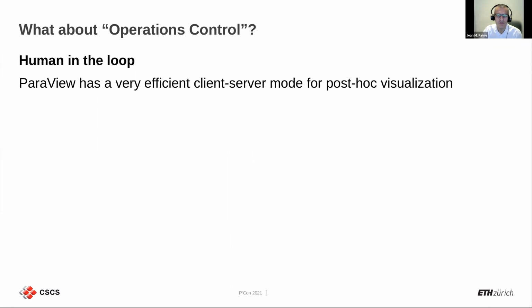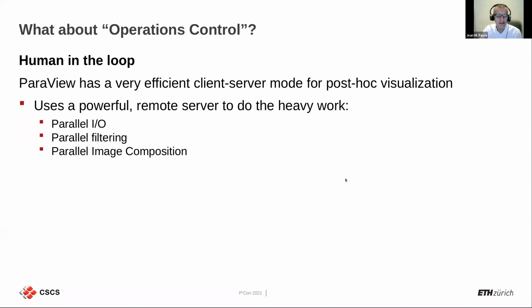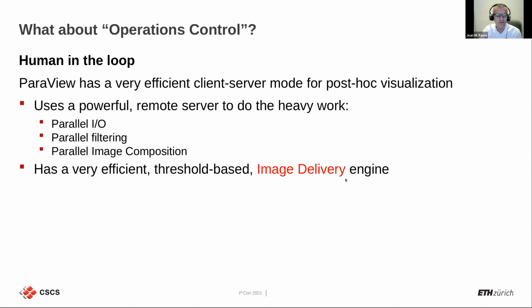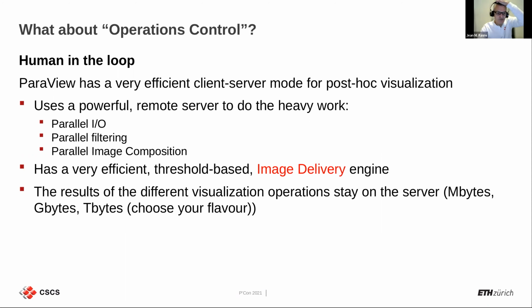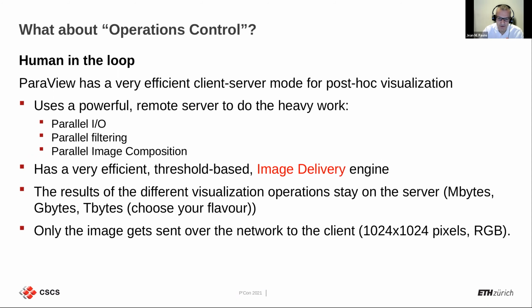What about operations control? Human in the loop. Now, ParaView has a very efficient client-server mode. It uses a remote server, as we've talked about, with parallel filtering, parallel image composition, and a very efficient image delivery engine, which means that the results of your visualization pipeline stay on the server, and the only thing that gets transferred over the network to the client is the image.